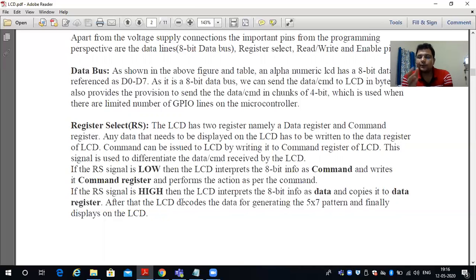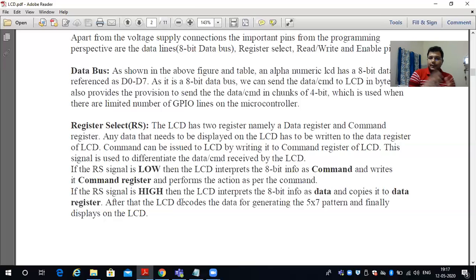So just to give you the flavor, I discussed these two scenarios, which come under the command category. If anything like this is there, then the register select signal should be 1. So if we want our display unit to interpret whatever is over the data line as a command, then RS signal should be 1. Otherwise, if we want our display unit to interpret whatever is over the data lines as data itself, then the register select should be 0.